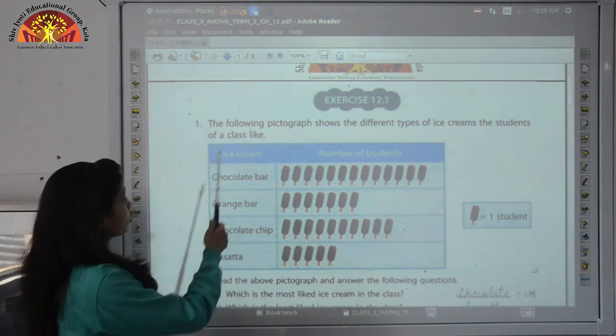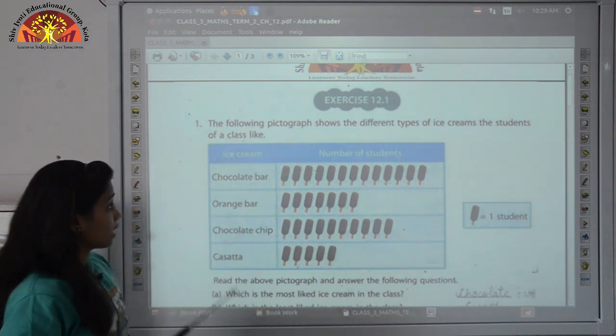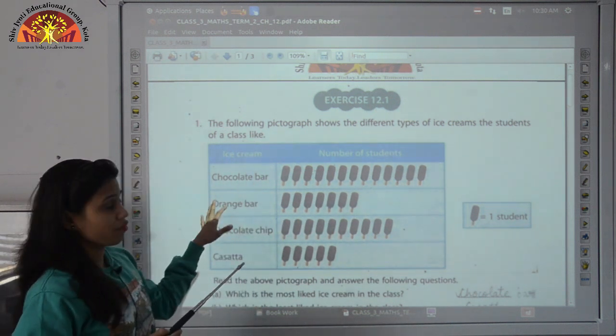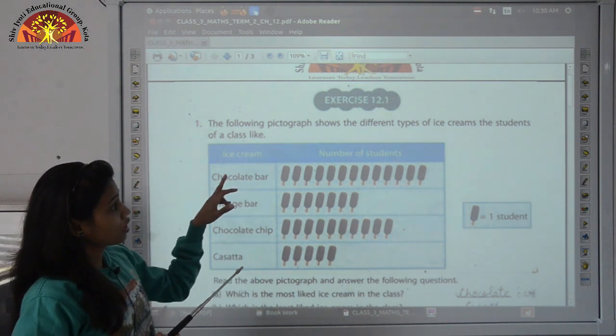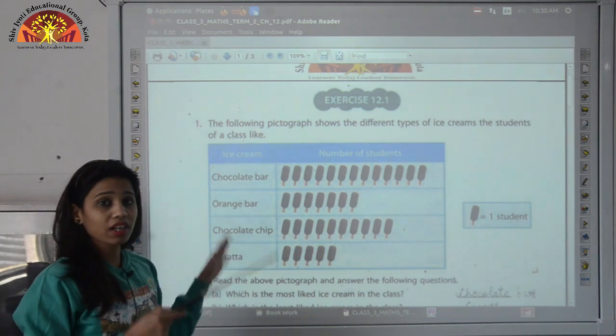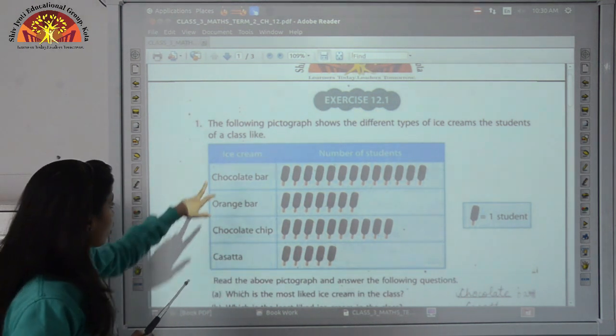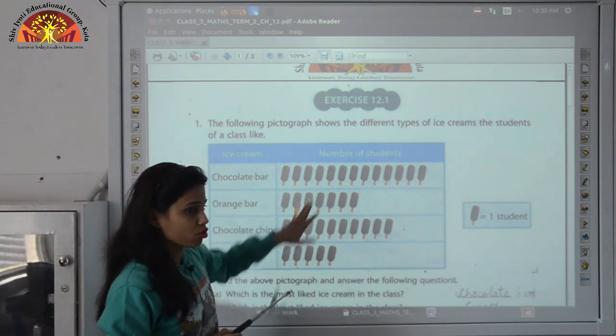Now the following pictograph shows different types of ice creams the students of a class like. Means in this pictograph the following information is given, showing different types of ice creams the students of a particular class like. Now this is a column of ice cream and this is a column of number of students.